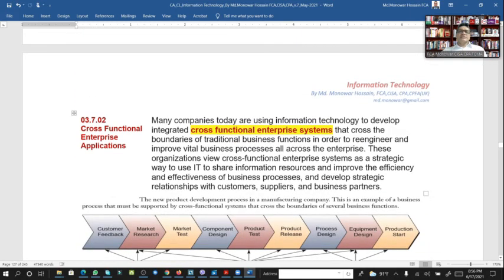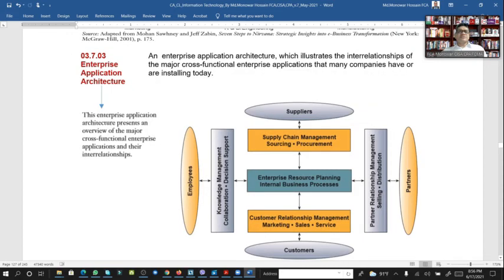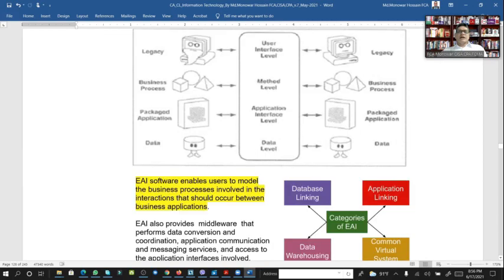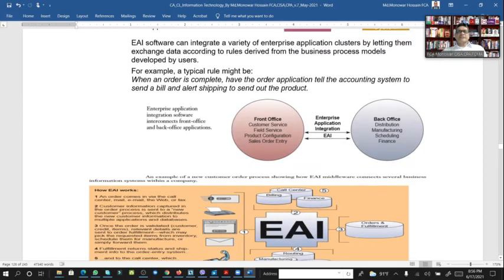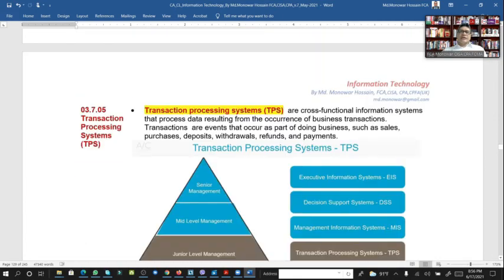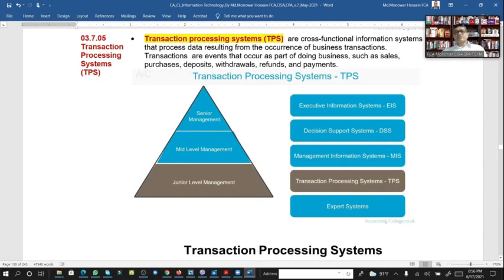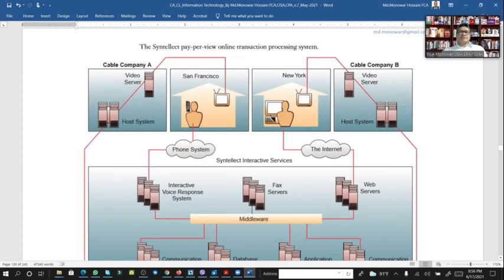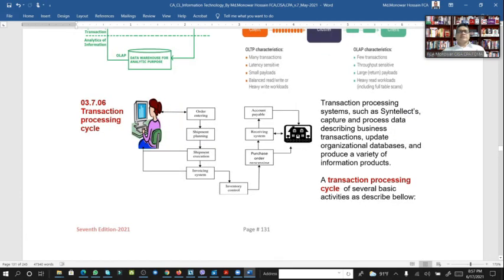And we have seen cross-functional enterprise systems and enterprise application architecture. Within that architecture, we have seen different types of links: database link, data warehouse link, common virtual system link, and application link. We have seen the transaction processing system, TPS, and the transaction processing cycle.